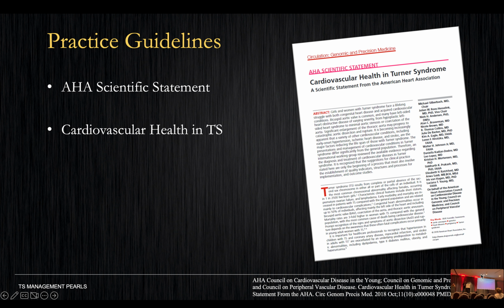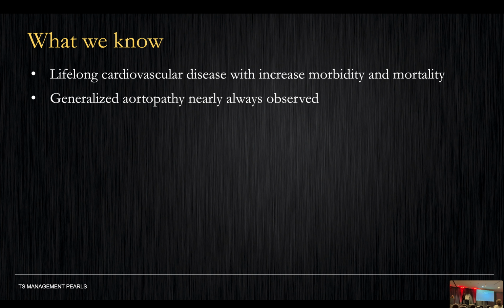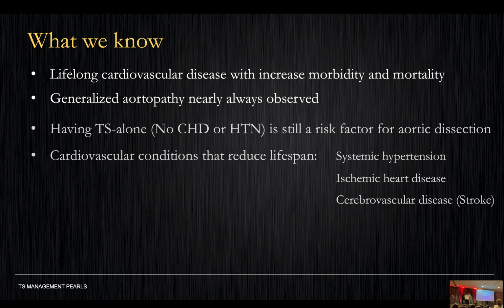So a little bit of background. We know that patients with Turner syndrome nearly always have a generalized aortopathy that leads to increased morbidity and mortality. Having Turner syndrome itself without any other form of heart disease poses a risk for aortic dissection, and conditions that reduce their lifespan have been described.